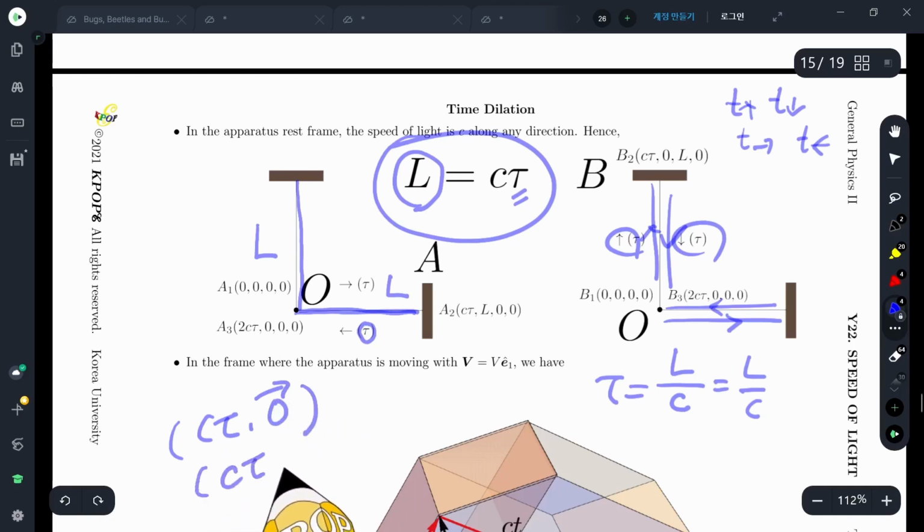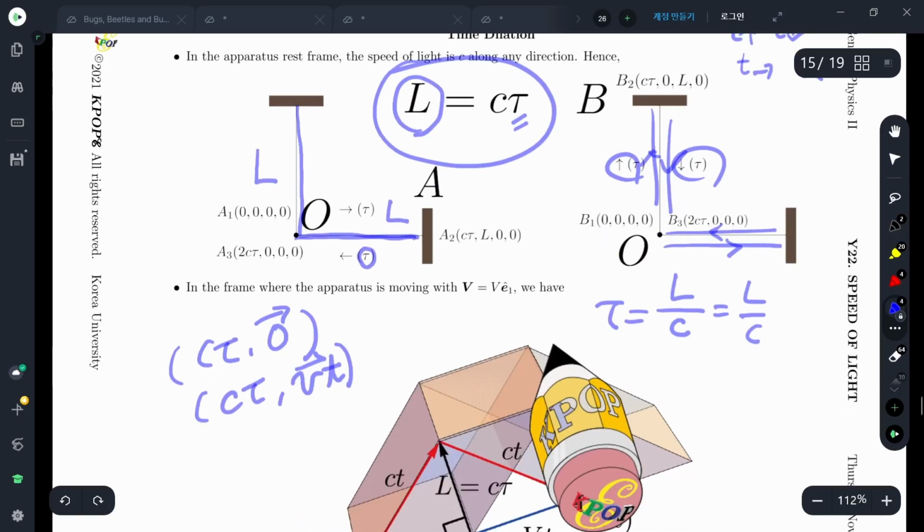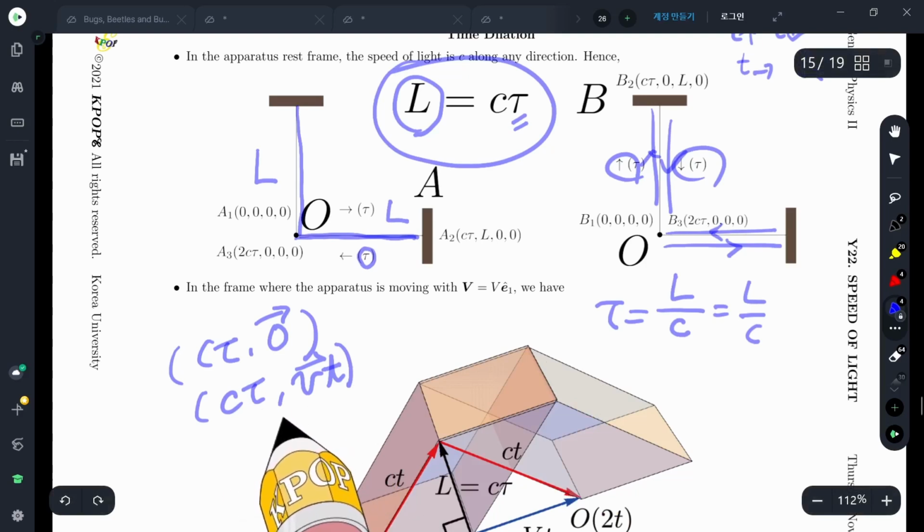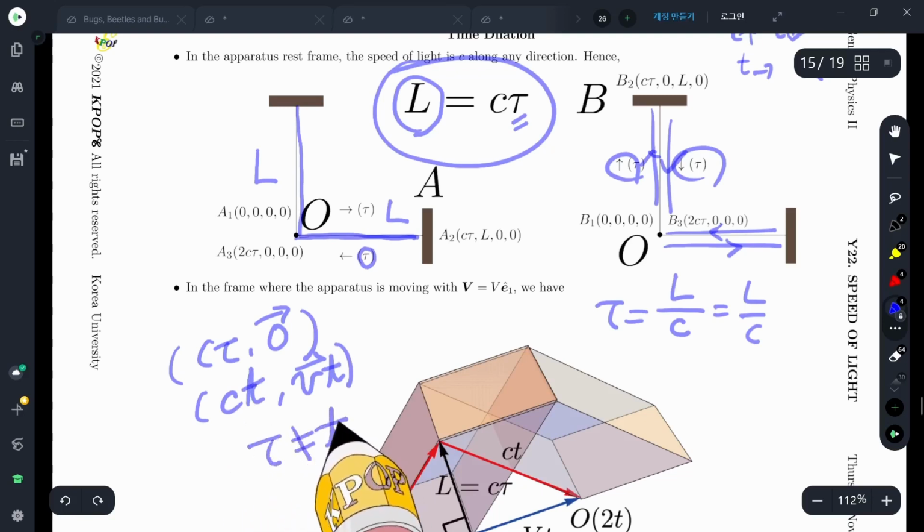If something is moving with a finite velocity whose magnitude is less than the speed of light, for simplicity, we take the constant velocity, then it is not tau, but t. And we assume that tau is not equal to t, because the assumption is based on the Galilean transformation, and we have reached the point where the Galilean transformation does not work at all for the description of light motion.